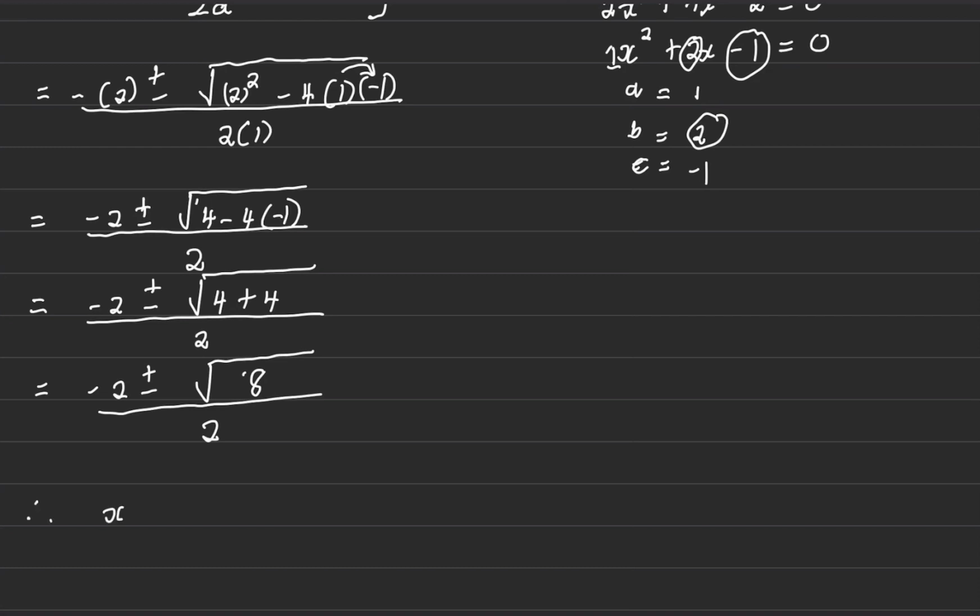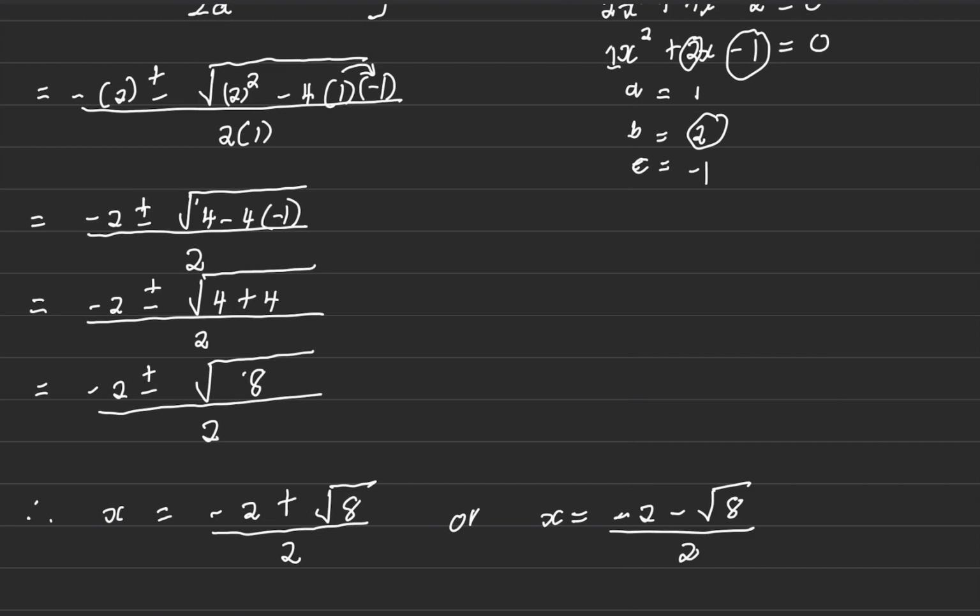Therefore your x is equal to minus 2 plus the root of 8 over 2, or your x is equal to minus 2 minus the root of 8 all over 2. So that is basically how you solve your quadratic equations using the quadratic formula.